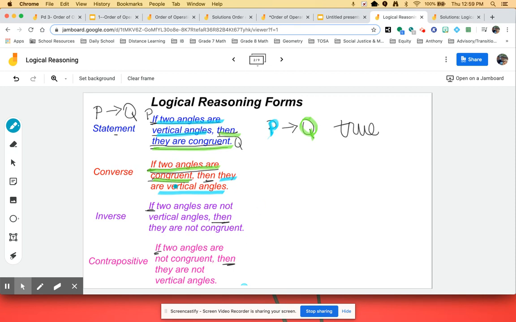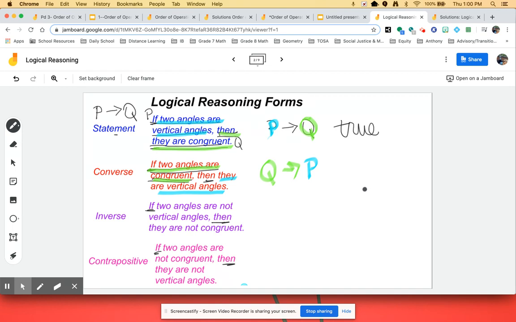So what I did for this one means that I went Q, then P. I reversed my statements. If two angles are congruent, then they are vertical angles. Is this true? Not necessarily, because we can have angles that are congruent that are not vertical angles.